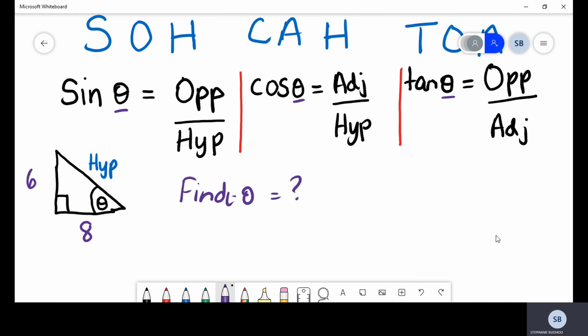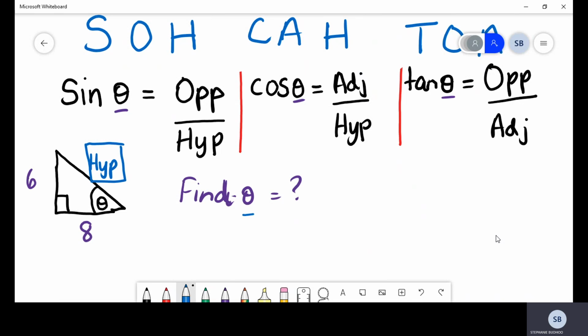Now, if you looked at my last video, one of the first things that might be highlighted to you is that, yes, you can find the value of the hypotenuse using Pythagoras' theorem, because you do have 2 out of the 3 sides of the triangle, and that's cool. You can go ahead and do that.